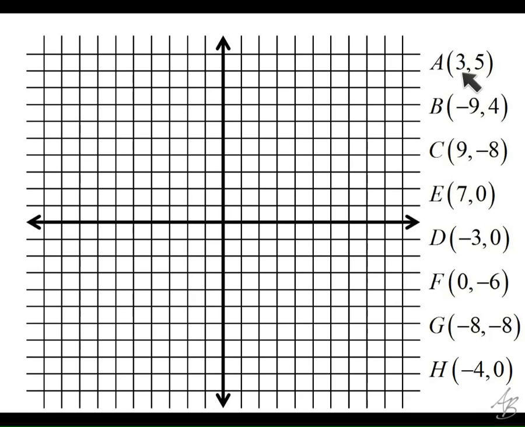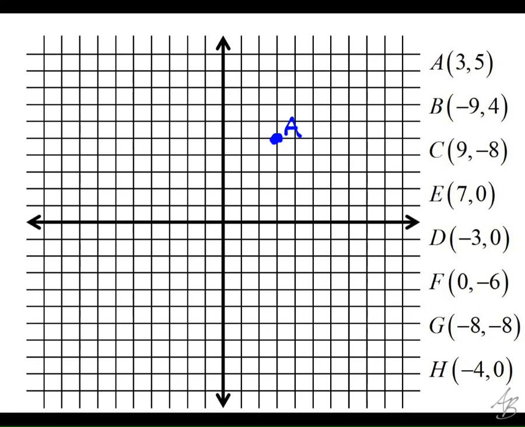So for the first one, for point A, I'm going to go which way? Right 3, then up 5. So I'm going to start at the origin. I'm going to go right 3, up 5, and I get to this point right here. And don't forget to label it. So since that's point A, we're going to put a capital A next to it.